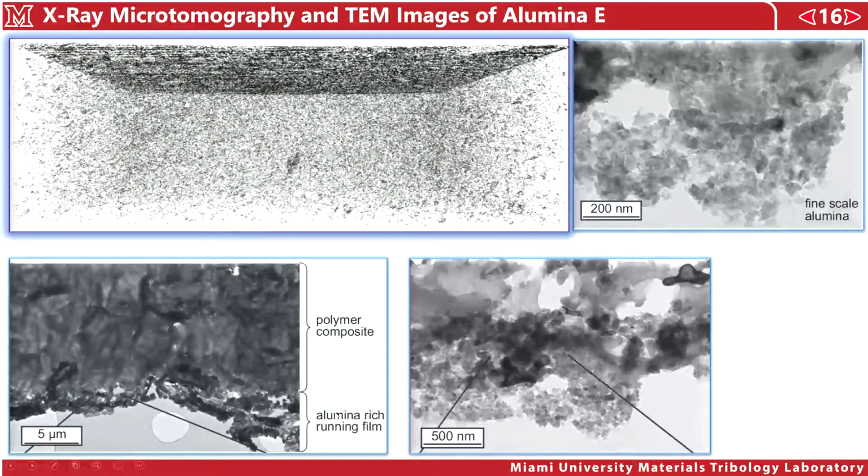Initially you have an alumina-rich film, and if you zoom in further, you can see that this film breaks down to fine-scale alumina. This X-ray microtomography shows you the distribution of the alumina. Here you have a dense fine region of alumina, and here you have the bulk alumina.